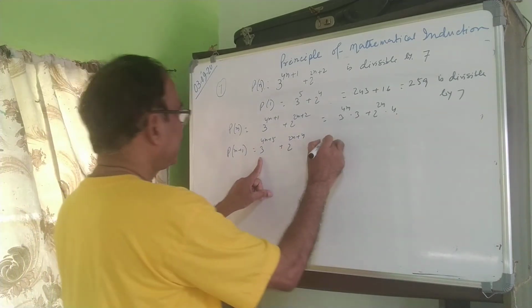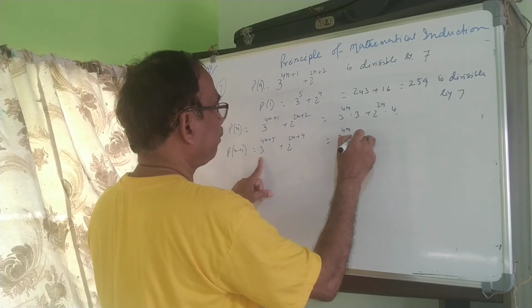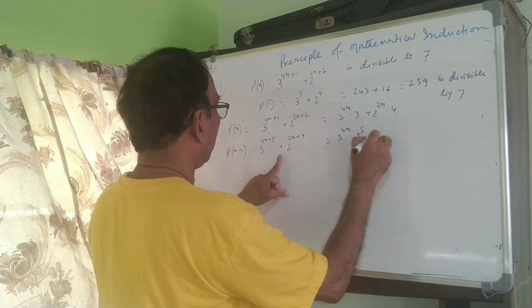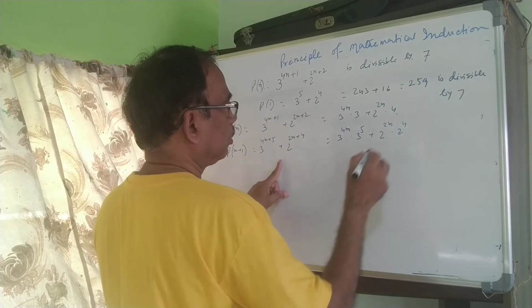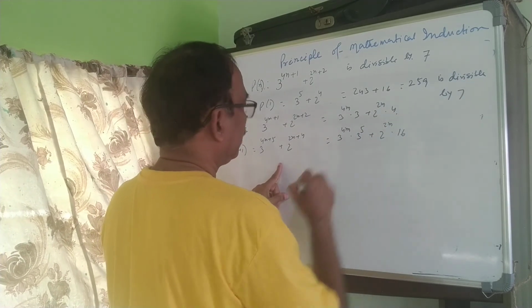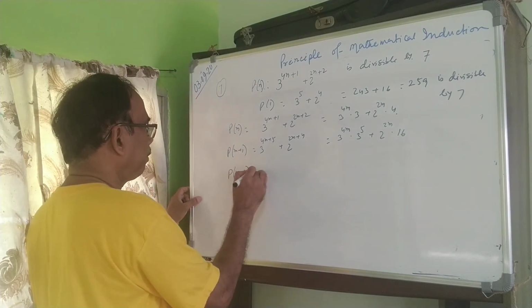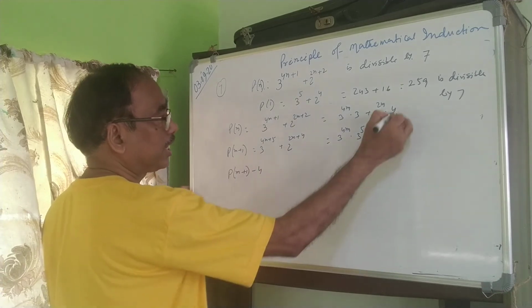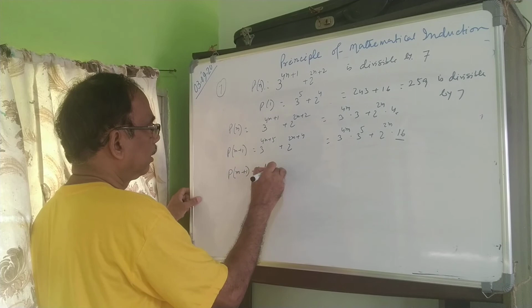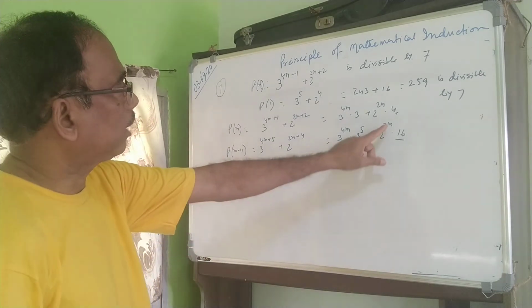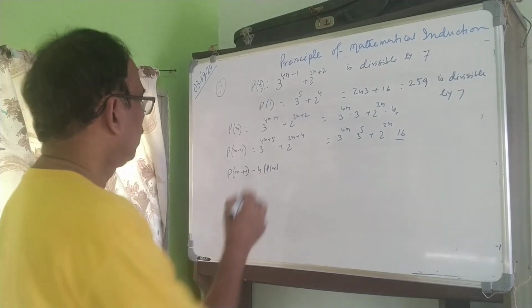We can break like this: 3 to the power 4m into 3 to the power 5 plus 2 to the power 2m into 2 to the power 4, that is 16. Now Pm plus 1 minus 4Pm. Here is 16, here is 4, so multiply by 4. We have to eliminate either 2 to the power 2m or 3 to the power 4m. That's why we are doing this operation.